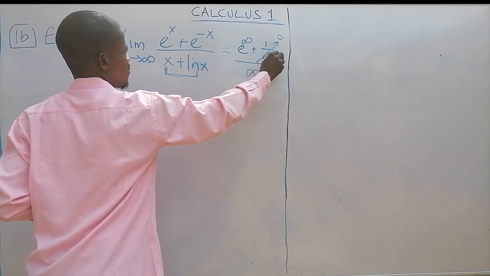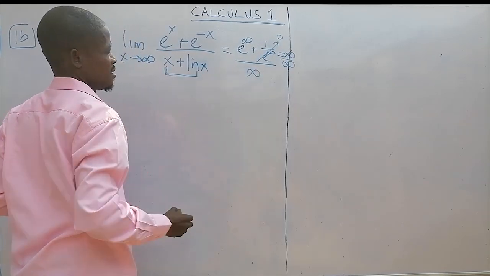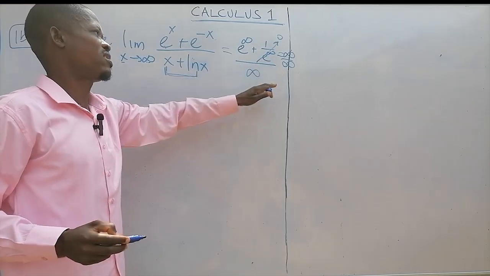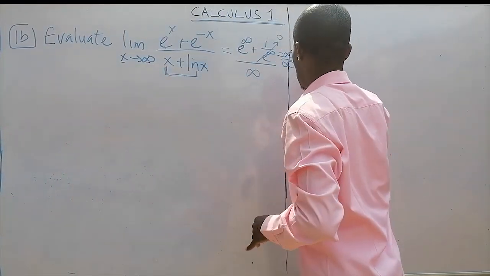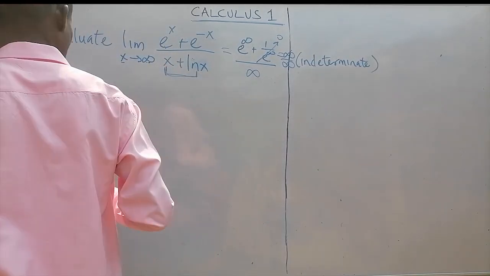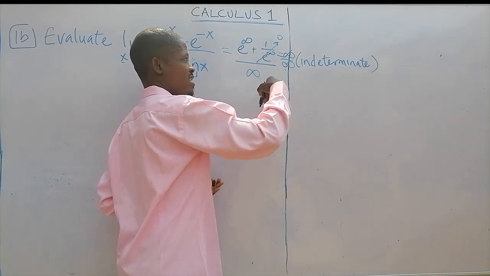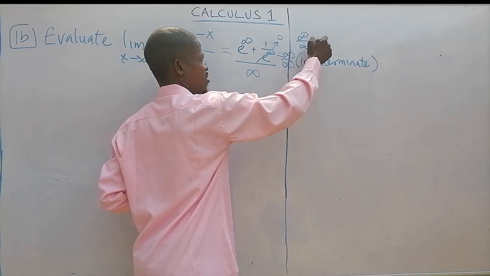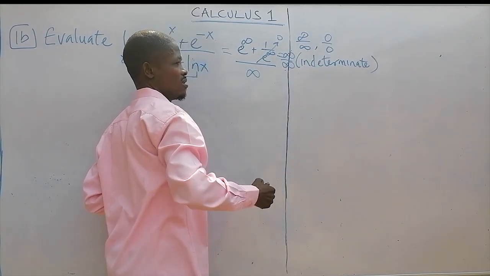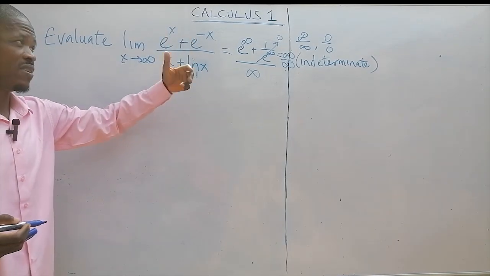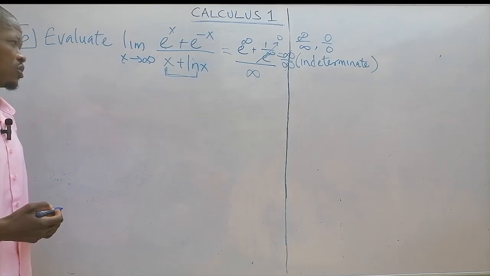So this gives infinity over infinity, and when you have infinity over infinity, we call it indeterminate. When you have infinity over infinity or 0 over 0, we use L'Hopital's rule for the indeterminate case.